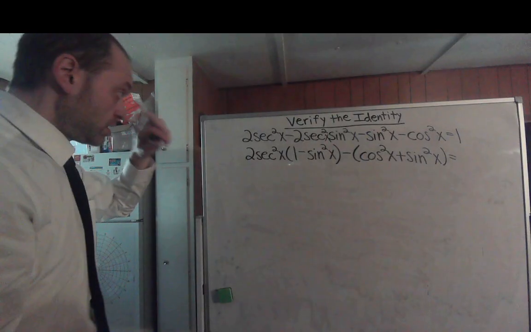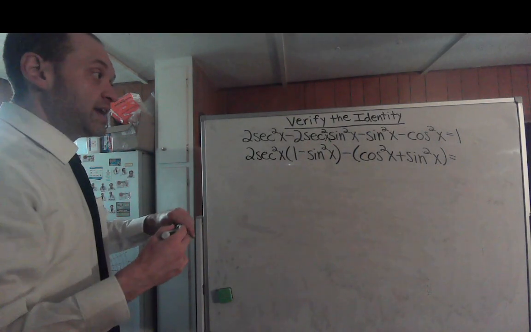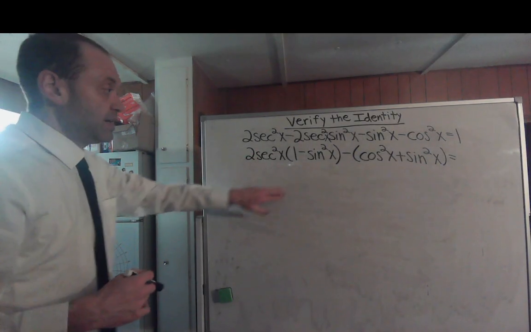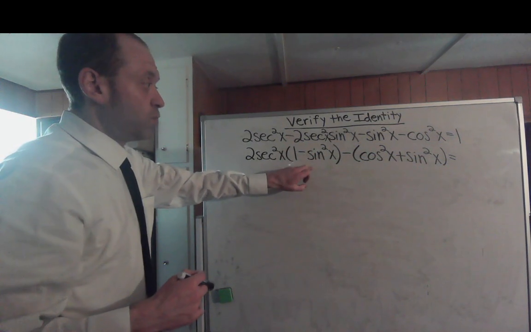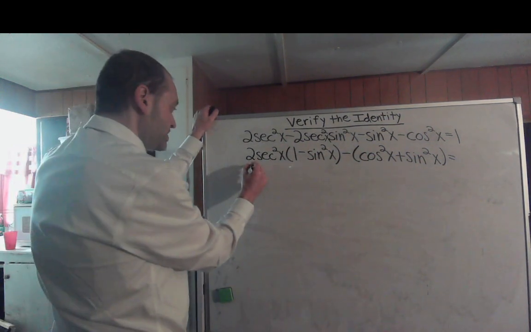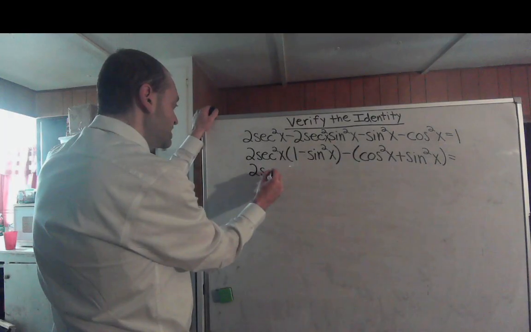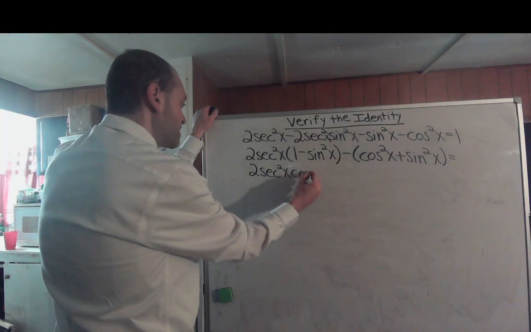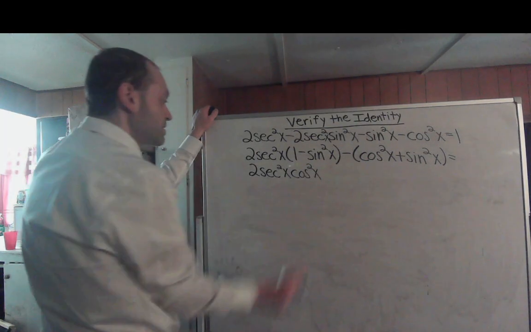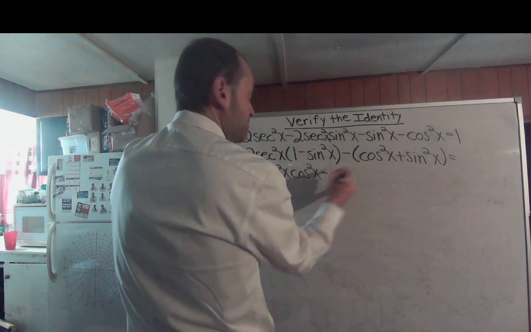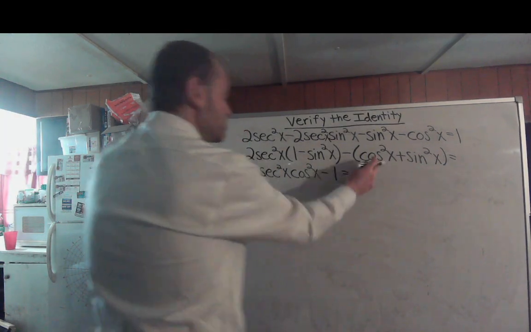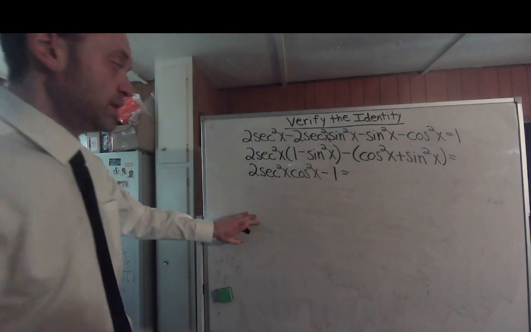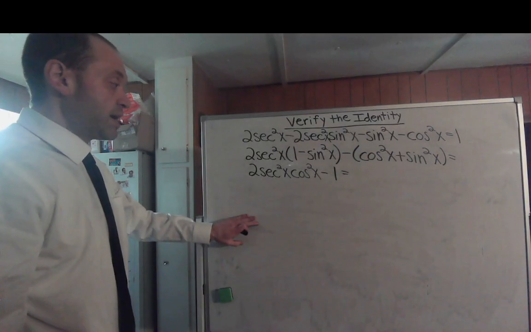Well, what do we have now? You have here, for the first term, 1 minus sine squared, that's cosine squared. So you would have 2 secant squared of x cosine squared of x simply minus 1, because the cosine squared of x plus sine squared of x equals 1. All right, well, what's secant?